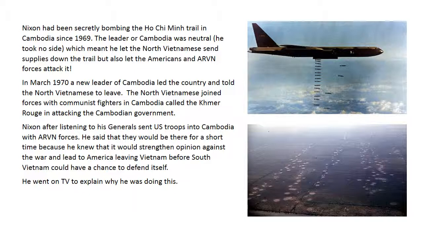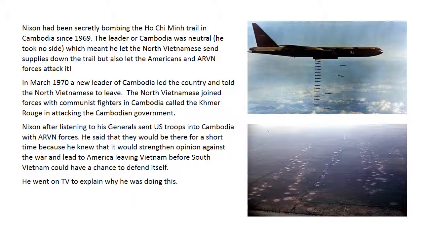The Cambodian leader allowed it because he didn't want to get involved, but he also let the Americans and the South Vietnamese armed forces attack it. Now, in 1970, a new Cambodian leader was in post, and he asked the North Vietnamese to leave. The North Vietnamese joined forces with communist fighters already in Cambodia called the Khmer Rouge and began to attack the Cambodian government.